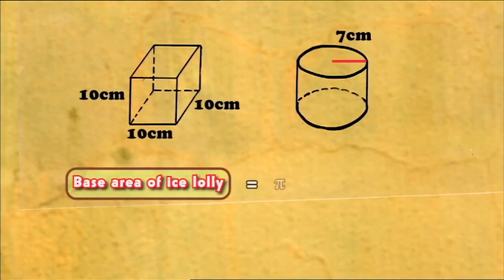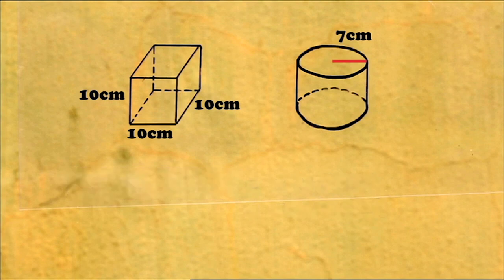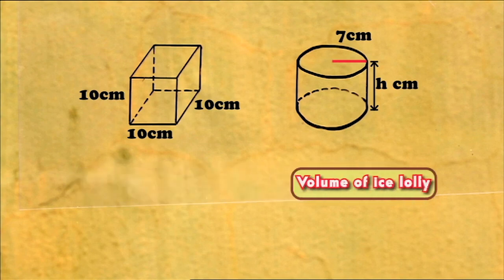The base area of the ice lolly equals pi times 7 squared. If the height of the ice lolly is h centimeters, its volume equals pi times 49 times h. After the ice cube is melted, it is frozen again without changing in volume.